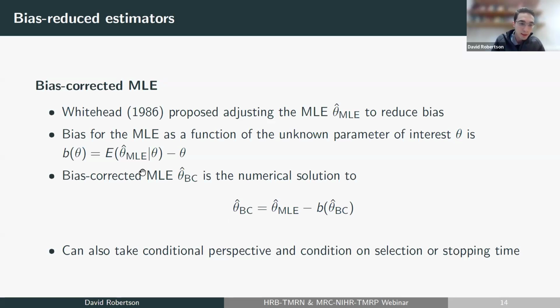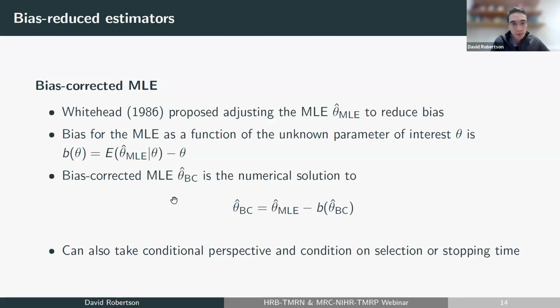That's known as the bias-corrected MLE. It was first proposed in the context of group sequential trials, but has been applied to other adaptive design contexts too. And similarly to the estimator we've seen before, you can additionally condition on a selection or stopping time and get a conditionally bias-corrected MLE. So that's a very common type of bias-reduced estimator.